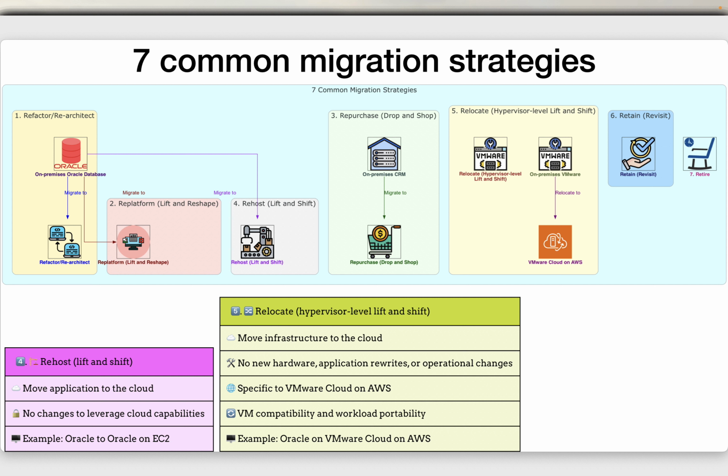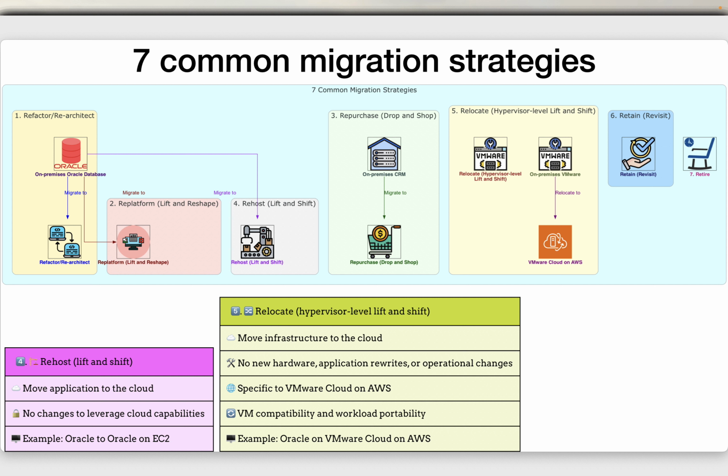This migration scenario is specific to VMware Cloud on AWS, which supports virtual machine VM compatibility and workload portability between your on-premises environment and AWS. You can use the VMware Cloud Foundation technologies from your on-premises data centers when you migrate your infrastructure to VMware Cloud on AWS. So an example could be relocate the hypervisors hosting your Oracle database to VMware Cloud on AWS.